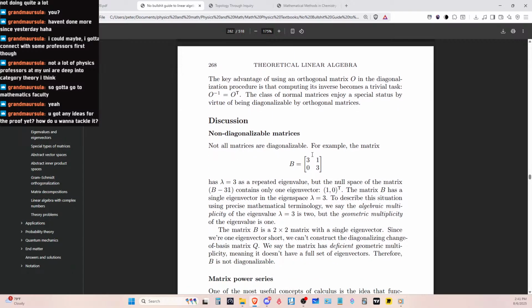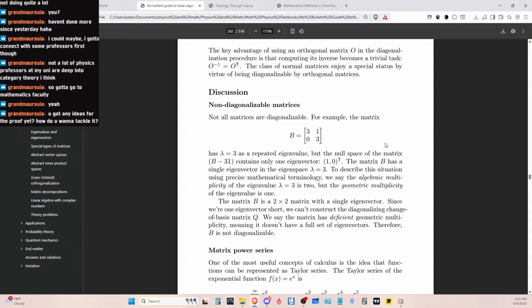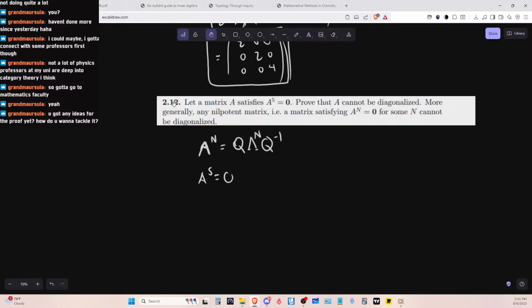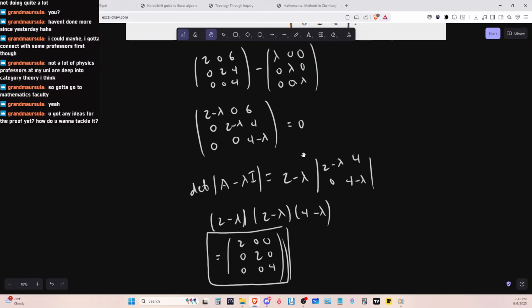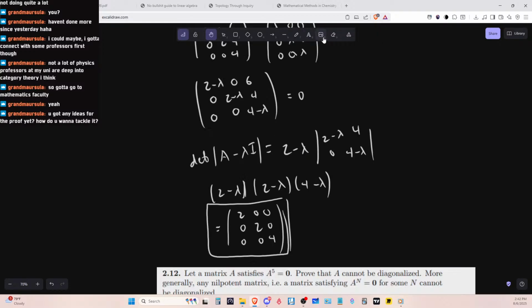Non-diagonalizable matrices. Okay, here we go. This is something that might help us here. Not all matrices are diagonalizable. For example, the matrix has 3 repeating eigenvalues. Okay, yeah, I remember Sascha said that. Then wait a minute, because I remember the question we did before. It has 2 of these, and I noticed that that was kind of funny. So that means we can't diagonalize it, I think.